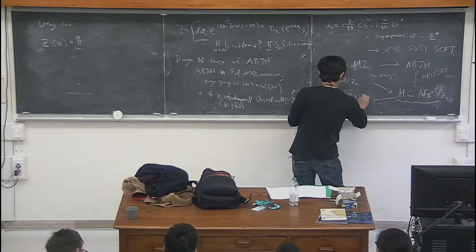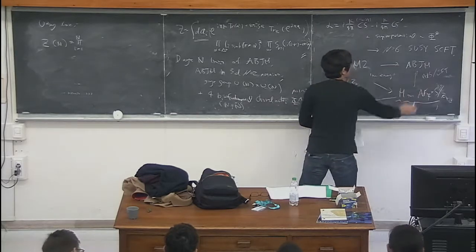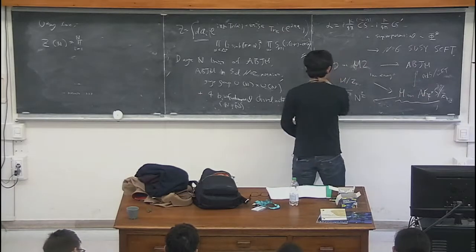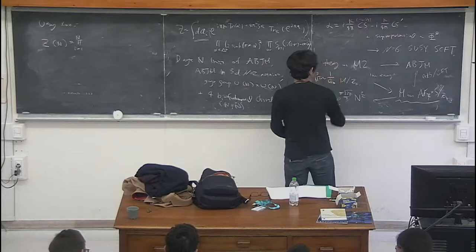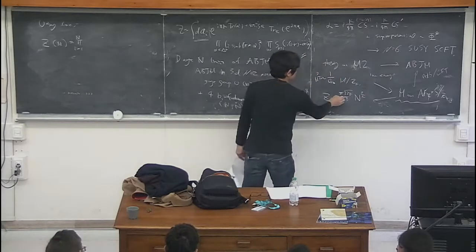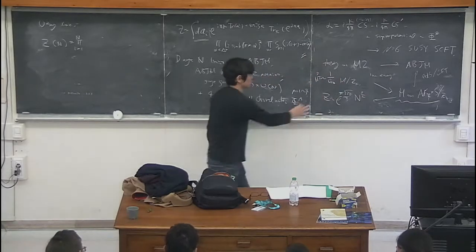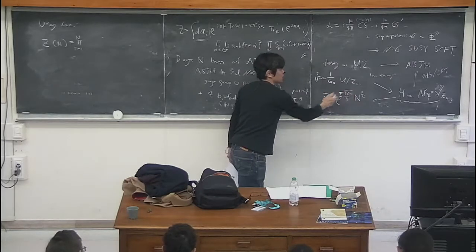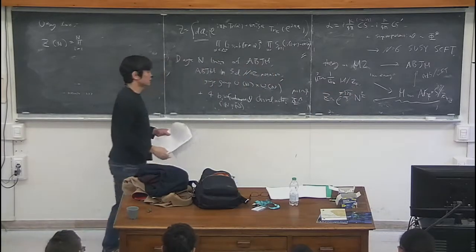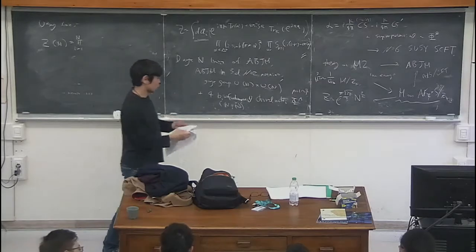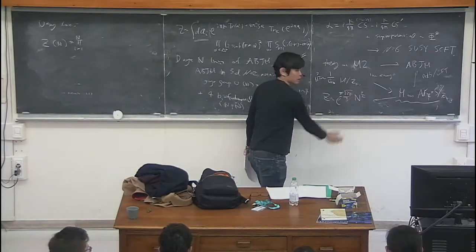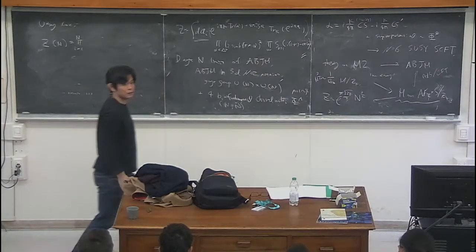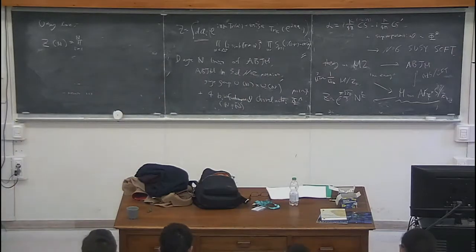If you use this CFT, N to the 3/2 is like 1 over the Newton constant. So this comes from the tree-level action and corresponds to 1 over the Newton constant. This factor is a bit strange, not N squared or N. A fractional power of N appears here.